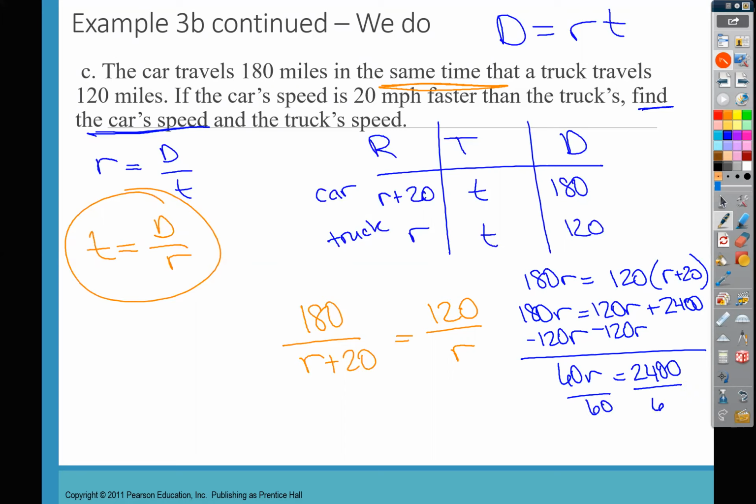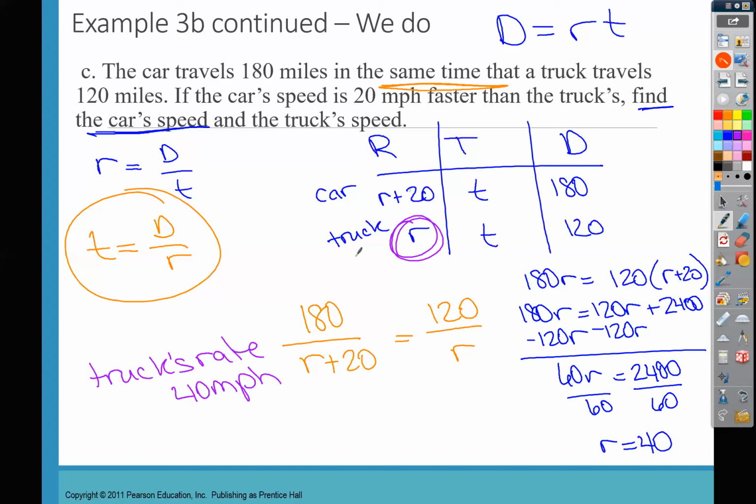So if I divide both sides by 60, I get R equals 40, which means that this R, the truck's rate, is 40. And then the car's is 20 faster than that, right? So the car's rate would be 60 miles per hour.